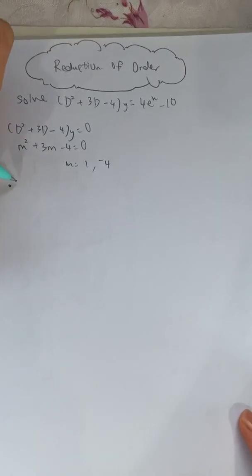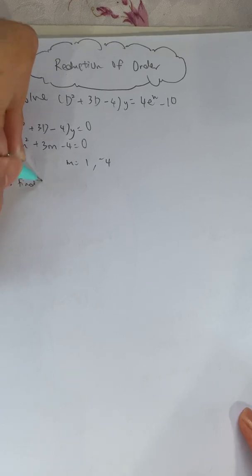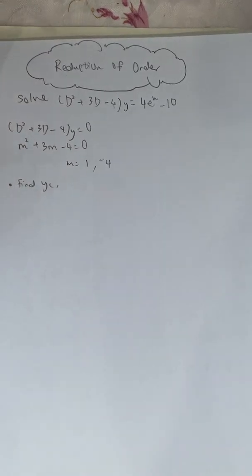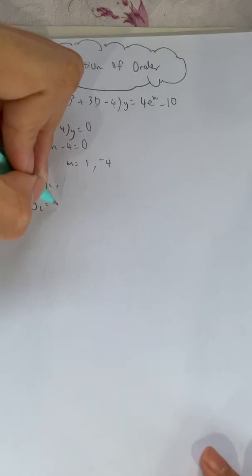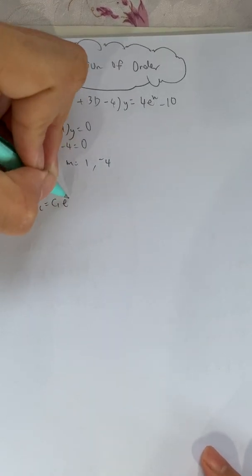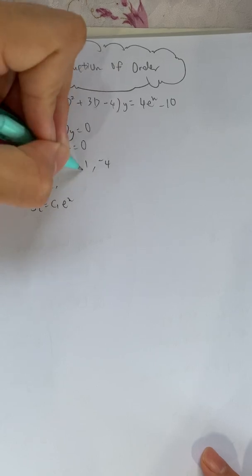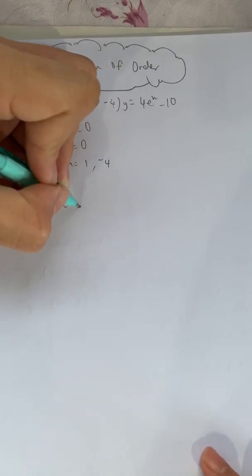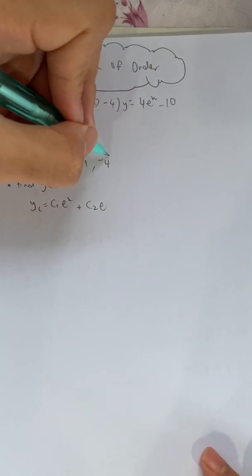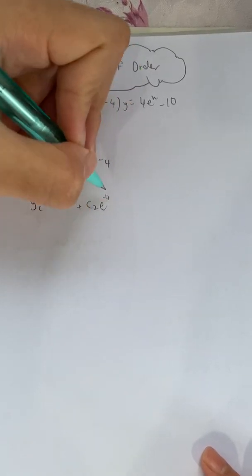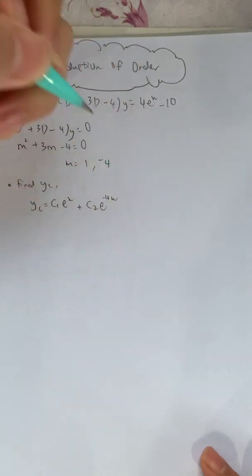Okay, now we can find the equation of yc. Find yc. So yc equal to c1 exponential x plus c2 exponential, we have negative 4, so exponential negative 4x.